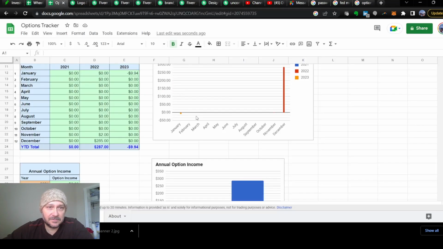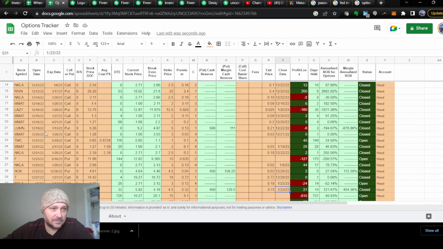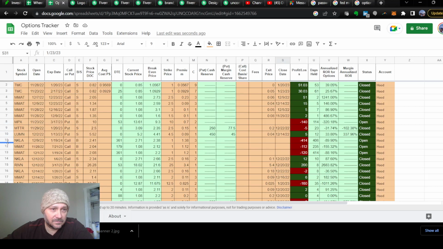So let's go here and go to this one. Exit price 170. You really need to have a spreadsheet like this. If anyone's watching and you're trying to keep it up, you can't. You got to have something to keep track of your profits. So we held on to that for 45 days. We ended up doing a $96 profit, with an annualized return of 188.